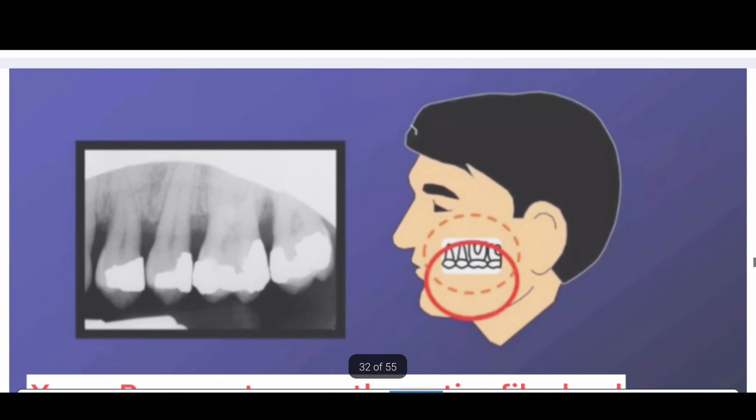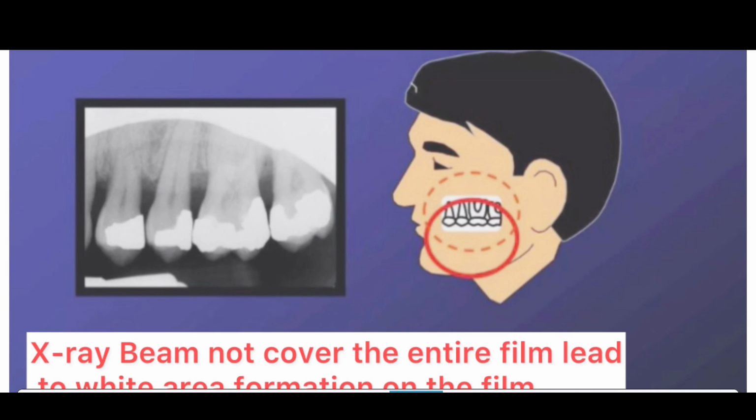The next error while taking the radiograph is cone cut. What is a film cone cut? As the name indicates, there will be a cone cut in the radiographic film. As you can see in this diagram, this white area is nothing but a cone cut. It occurs because of an improperly placed X-ray beam.